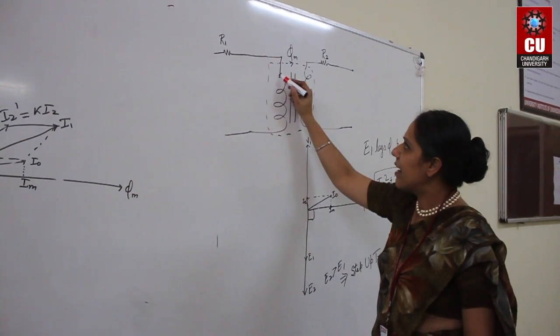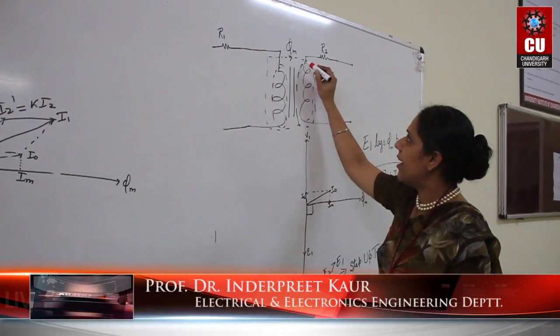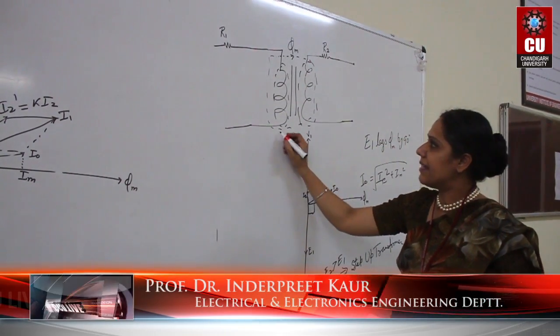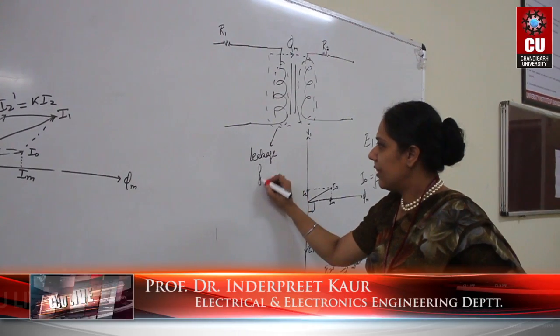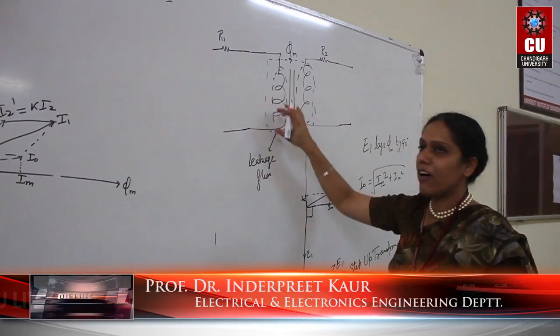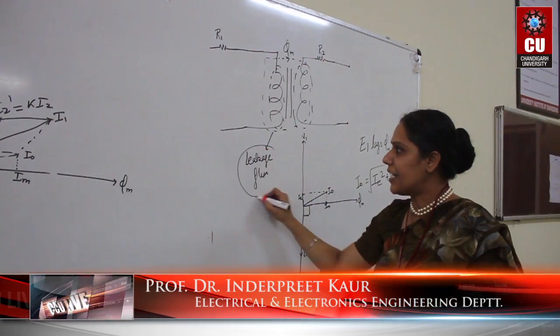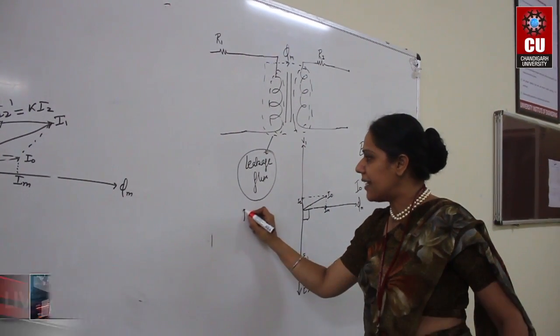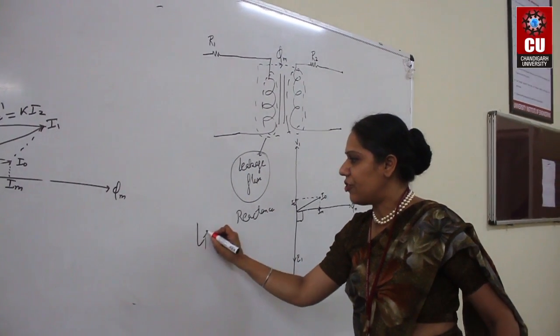Normally, some flux leaks around the winding. This is called the leakage flux, the flux which leaks across the primary winding and the secondary winding. This leakage flux may be represented by some reactance, which is normally known as the leakage reactance.